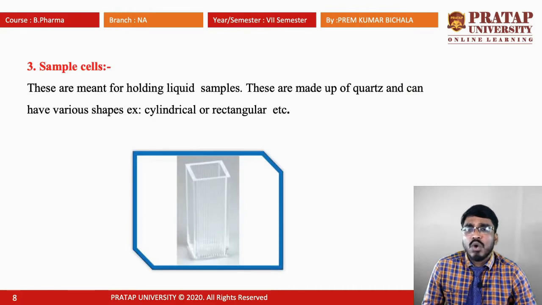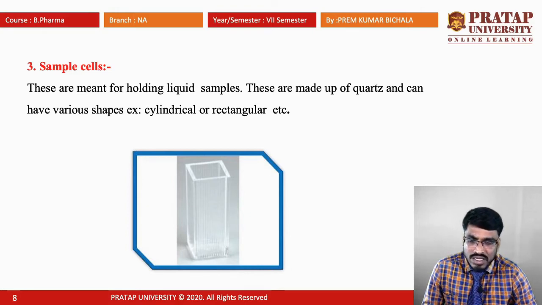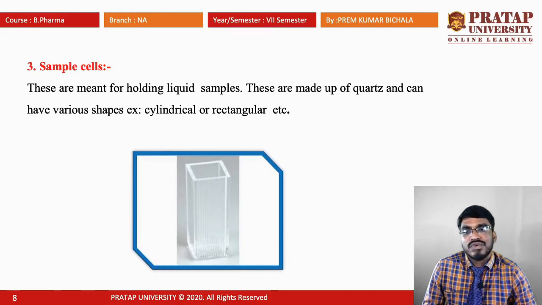Then sample cells. These are meant for holding liquid samples. Generally these are made up of quartz and can have various shapes like cylindrical or rectangular. In the figure I just gave the rectangular shape.